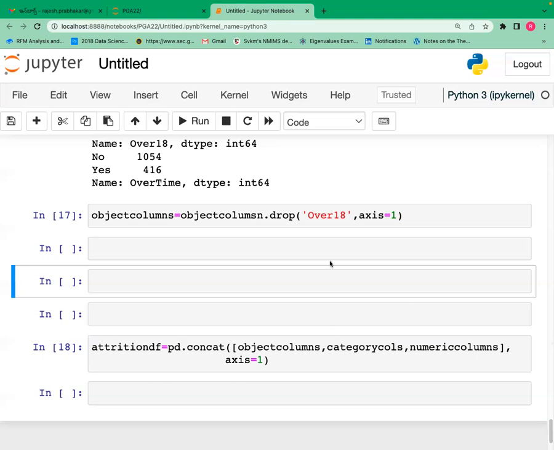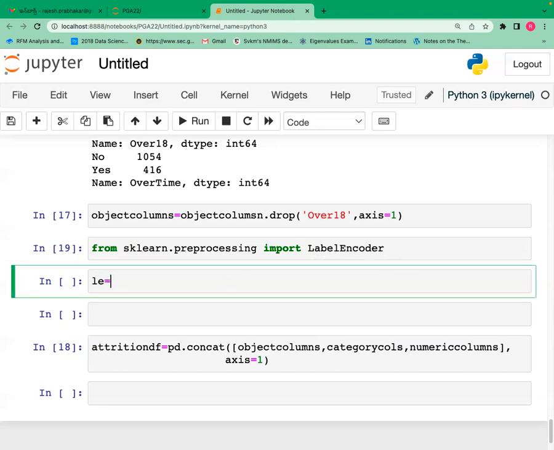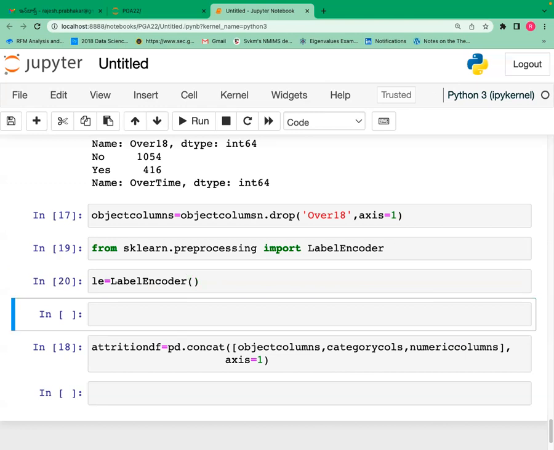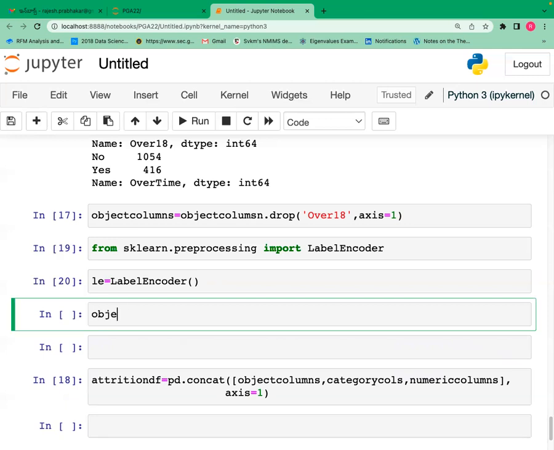Okay. So from sklearn dot preprocessing import LabelEncoder. LE is equal to LabelEncoder. Object columns dummy is equal to object columns dot apply LE dot fit underscore transform.